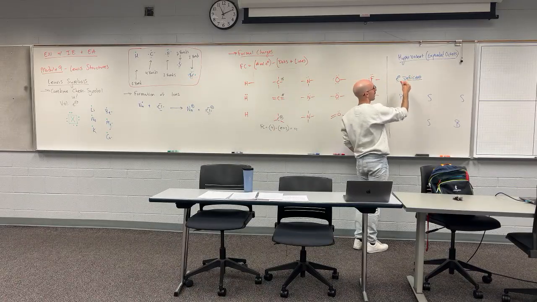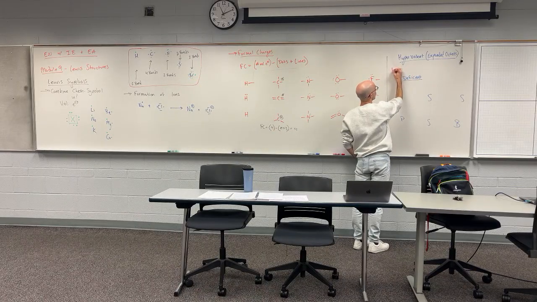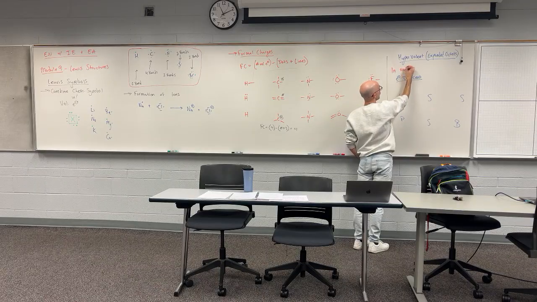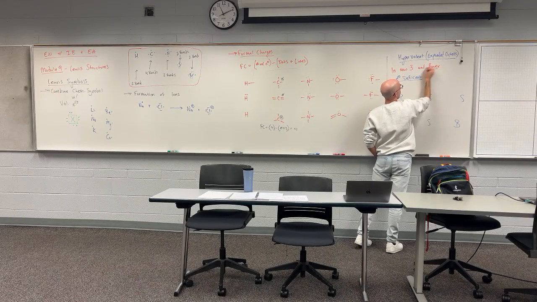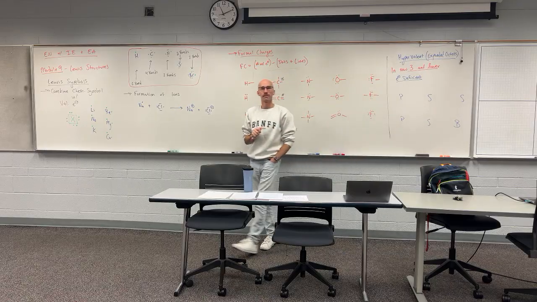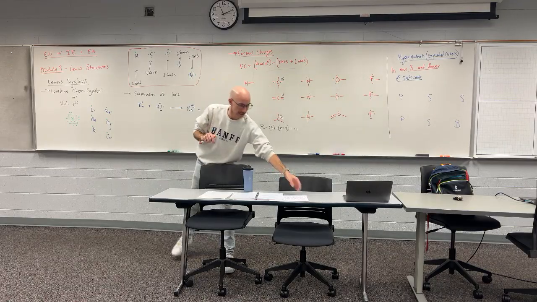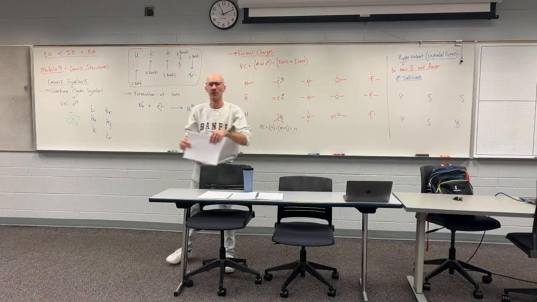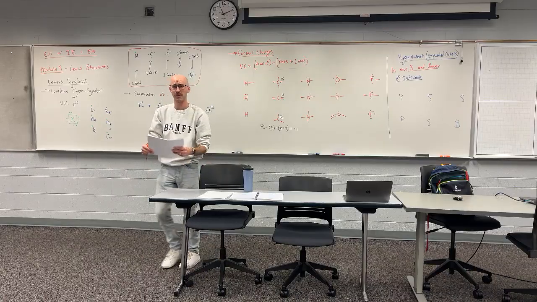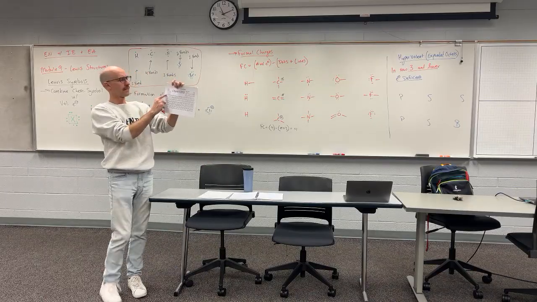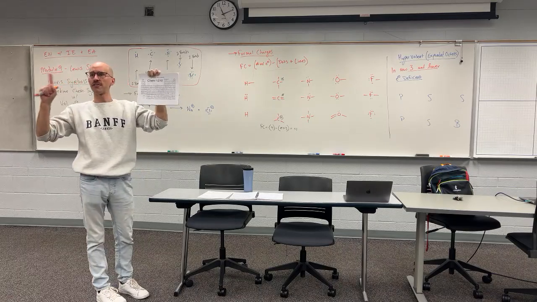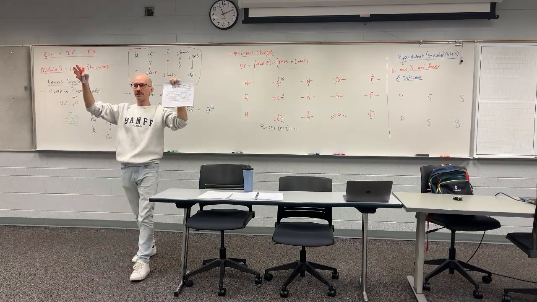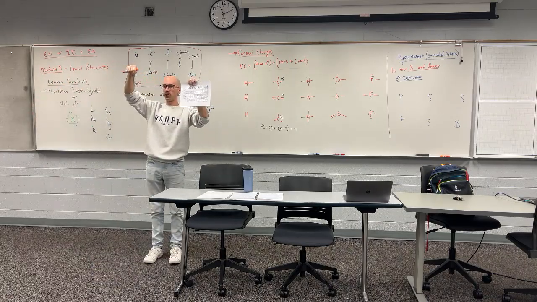Hypervalent or expanded octet species are in row 3 and lower. Because looking at your periodic table, thinking about the quantum chemistry we just learned about, the first row only has one subshell, the s subshell, one orbital, 2 electrons.